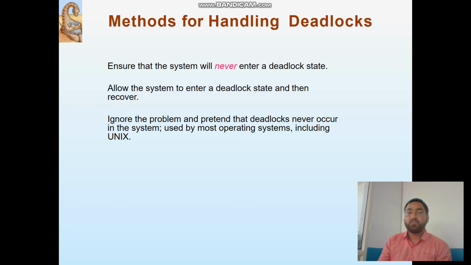We have to manage our resources and processes such that no deadlock happens in the system. So we have to assign the resources only to those processes which don't lead to a deadlock situation. So we have to take care of that.